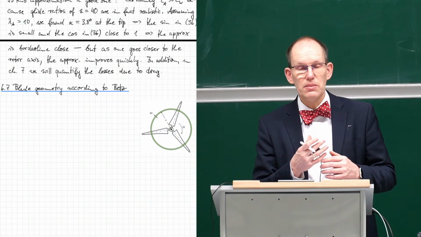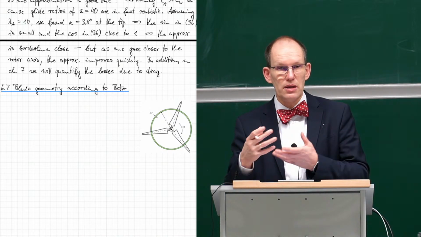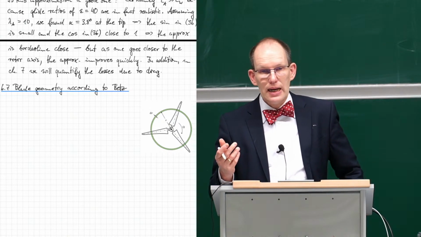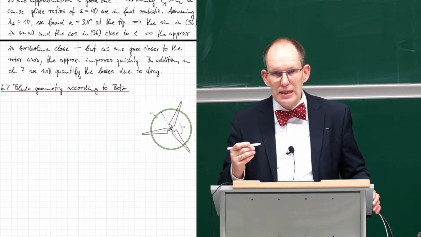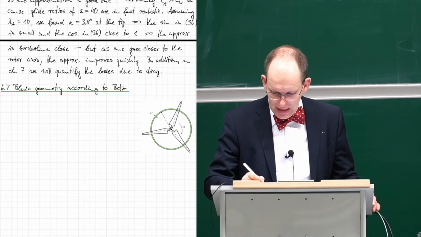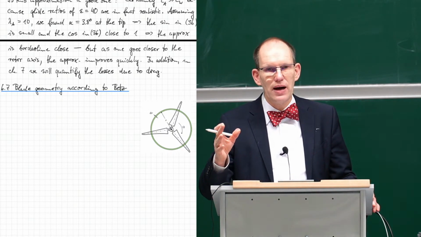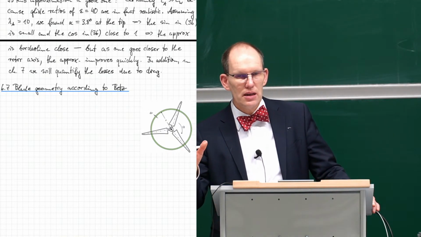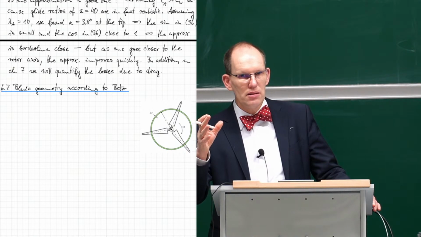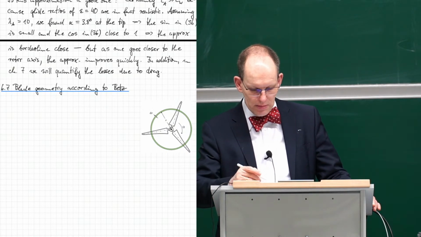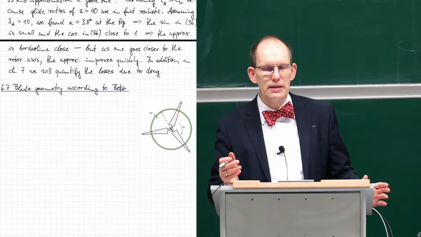So we want to achieve the Betz limit. And if you think about it, this means actually that each ring here has to provide the Betz limit. So we need to fulfill the Betz condition for each infinitesimal ring as indicated here.